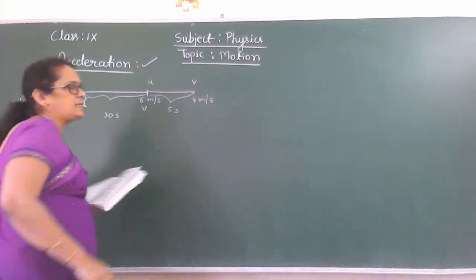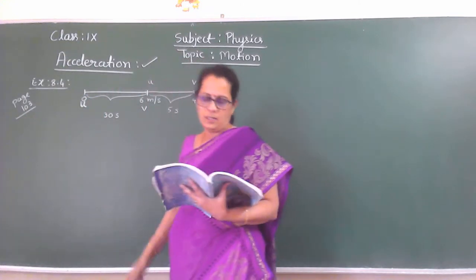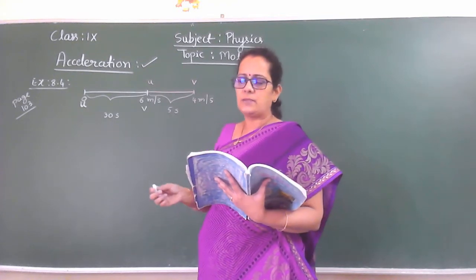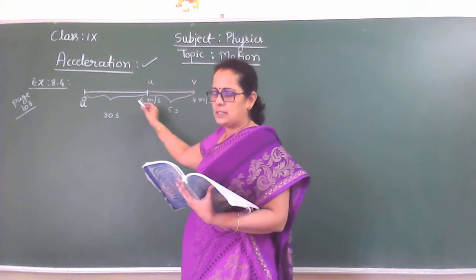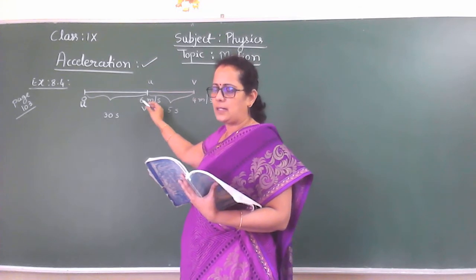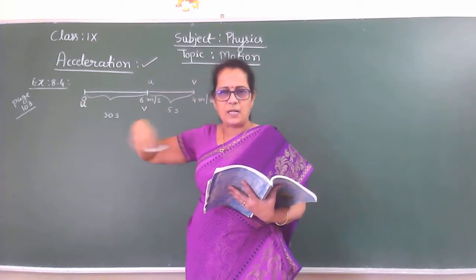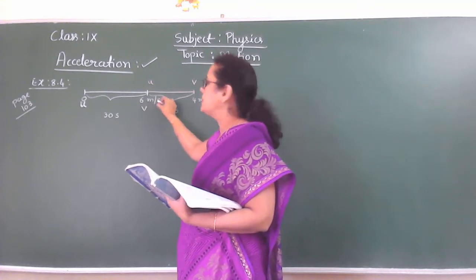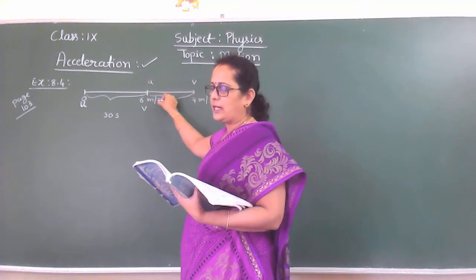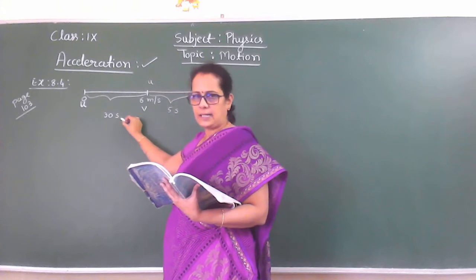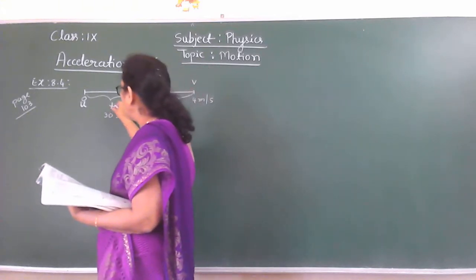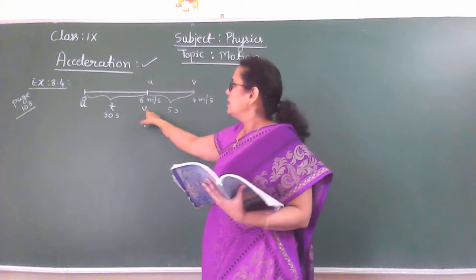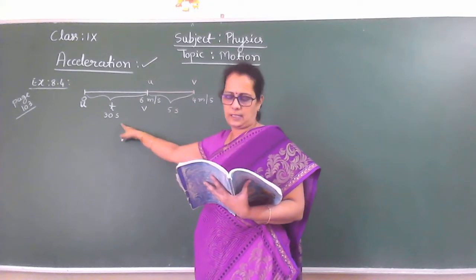Rahul is pedaling, he started to pedal his bicycle, so its velocity attains 6 meter per second. So he took 30 seconds. So what is the time here? To reach 6 meter per second, he has taken 30 seconds.